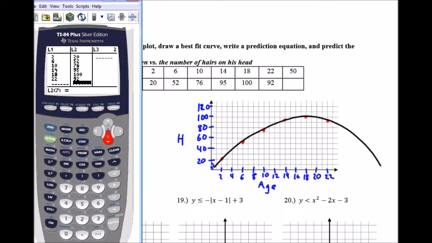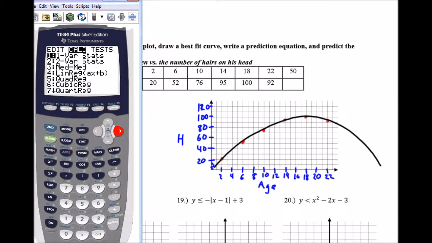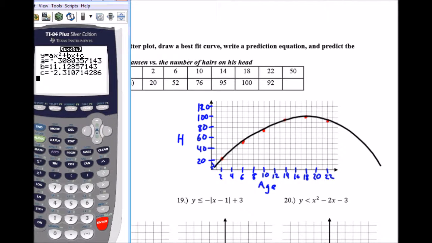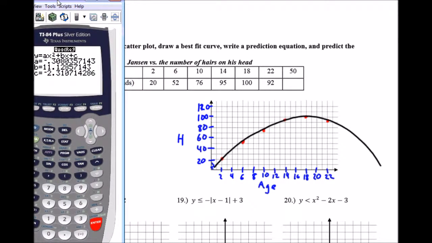I go back to stat. I go over to calculate, and I go down to number 5, the quad reg. Okay, and once again, after I go down to quadratic regression, I tell the calculator to calculate, and it gives me this equation in my standard form. Let's keep that off to the side just a little bit.